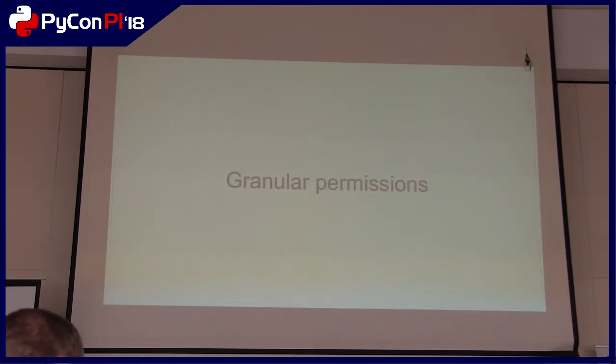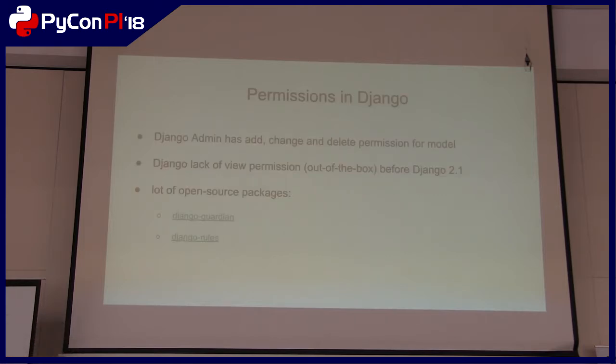So, the next feature: granular permissions. Django admin has three permissions by default. The first is adding, the second is changing, and the third is deleting an object. We set it for each model. We can specify this permission either for a particular user or a group of users.